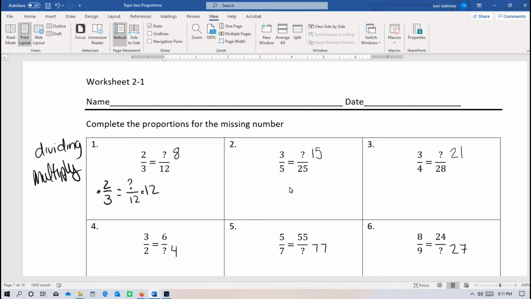And what I do to one side, because of this equal sign, I have to observe the rules of equality. If it has an equals, it says I'm going to be equal in my operations on both sides. So I'm going to also multiply this side by 12.